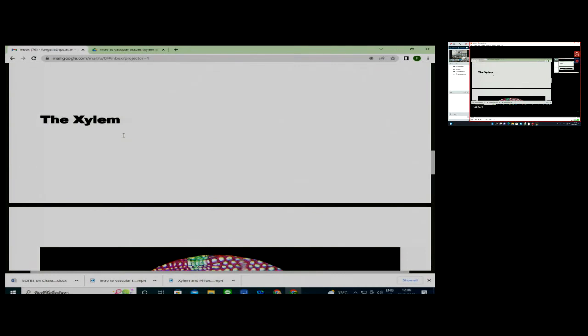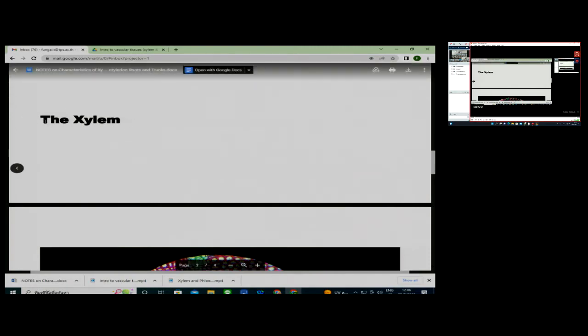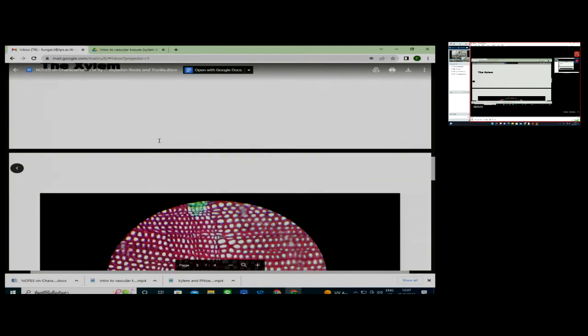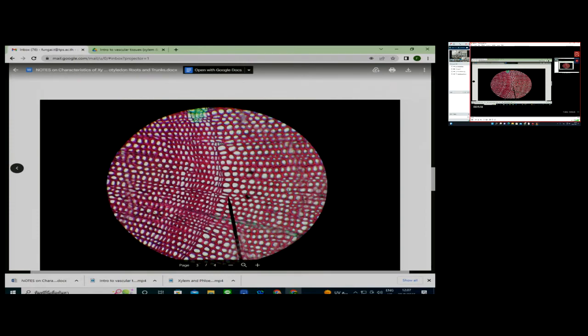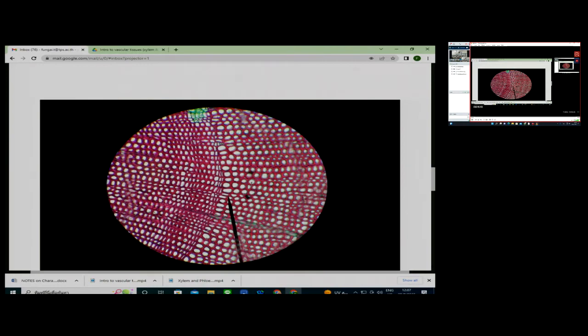Let's learn to be fast. Let's learn to write quickly. Leo, Leo. I said write the word xylem. This one, can you write this? Right, so this is how the xylem looks. Yes, the xylem. Let's hurry, let's hurry.